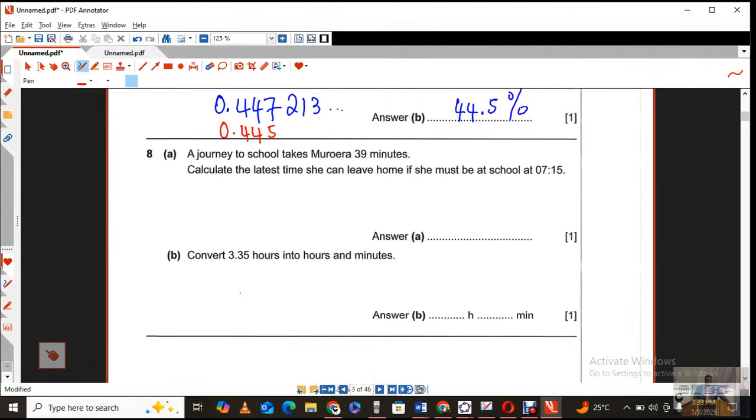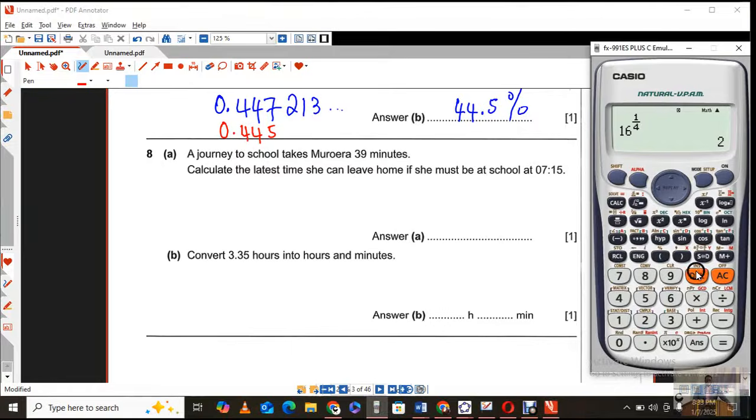Right, then question 8 says a journey to school takes 39 minutes. Calculate the latest time she can leave home if she must be at school at 7:15. Of course, I can use the built-in time function, so I know that 7, 15, punching that in.